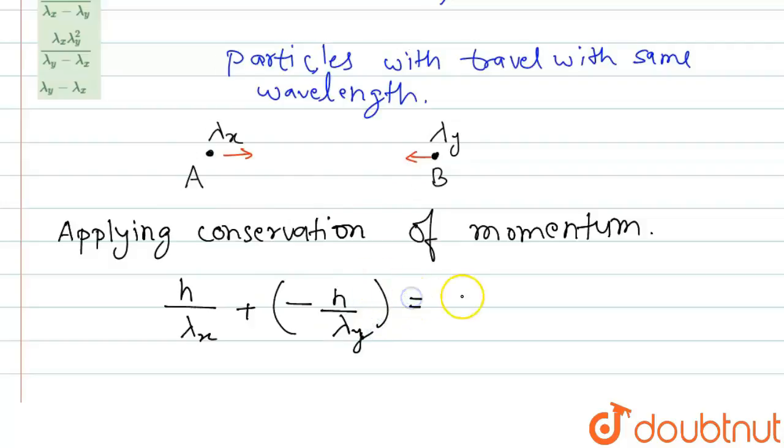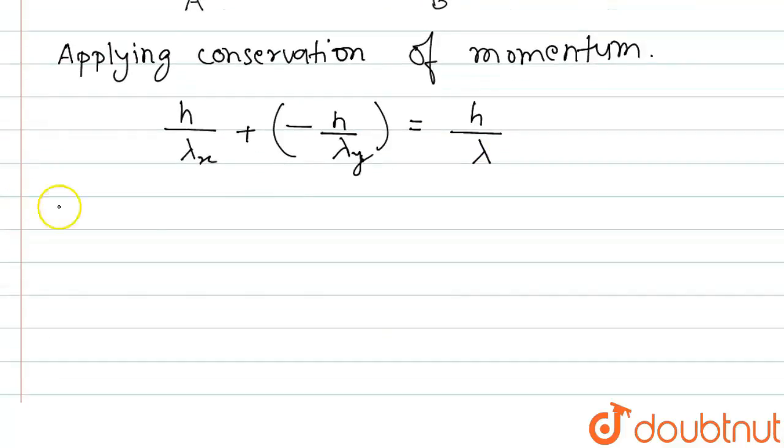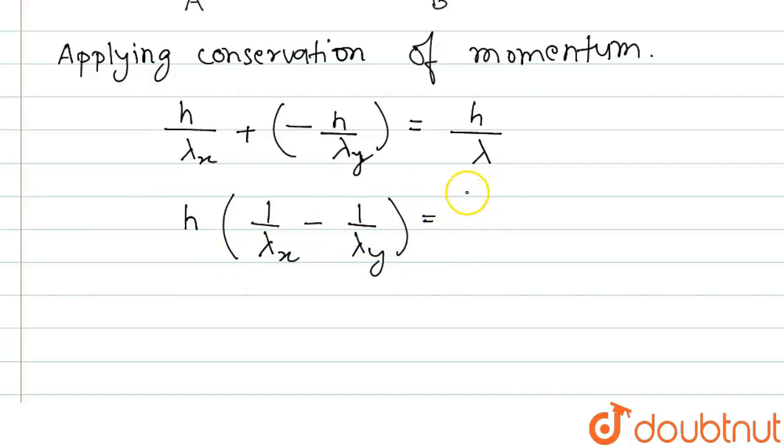This will be equal to h by lambda, because after the collision both will move with the same wavelength. So if we take h common, it will be 1 by lambda x minus 1 by lambda y equals h by lambda.